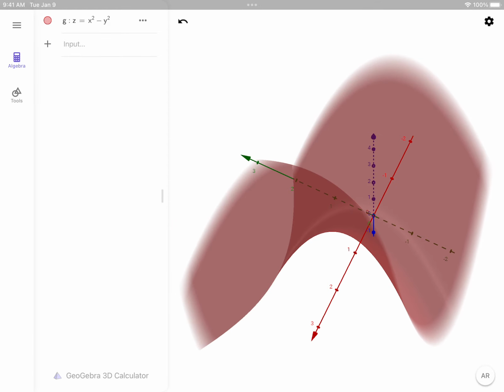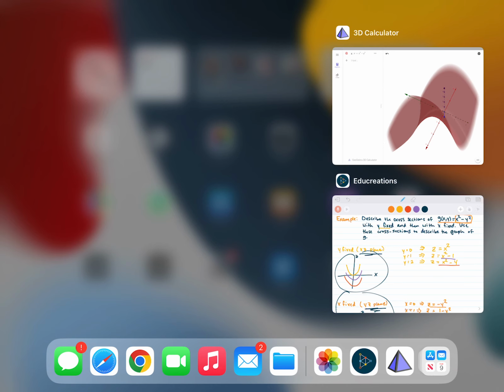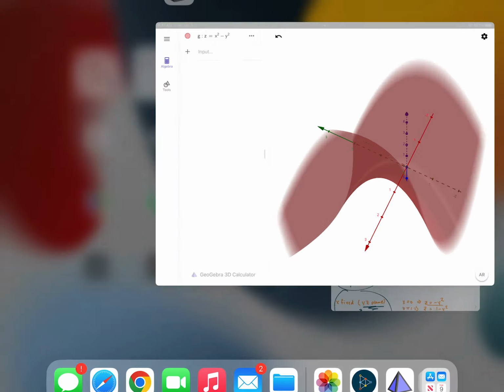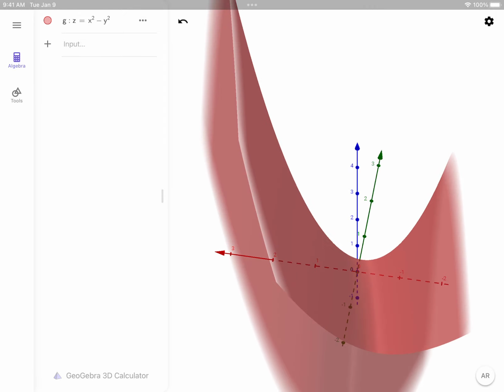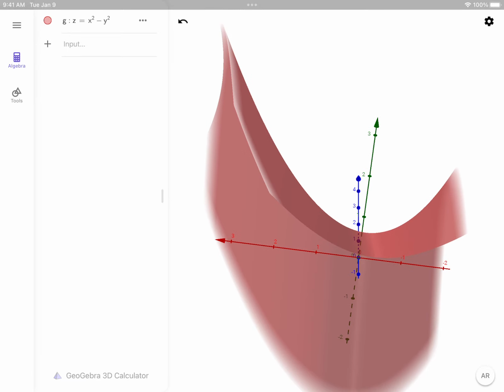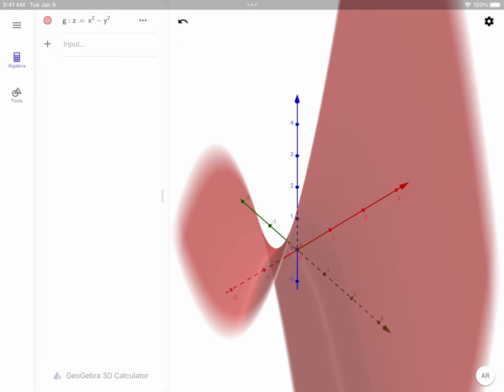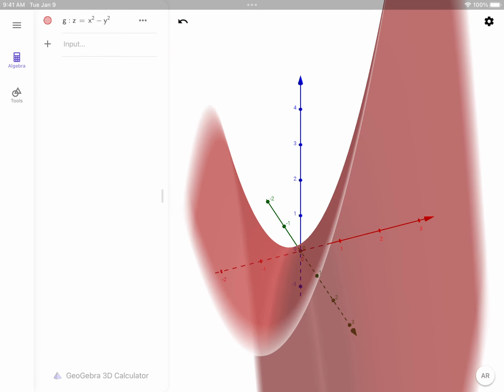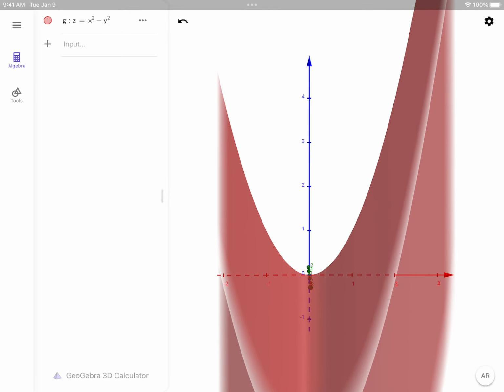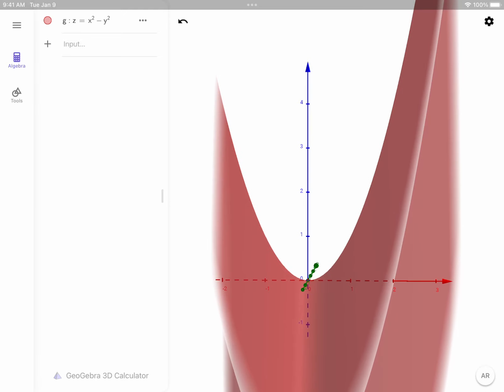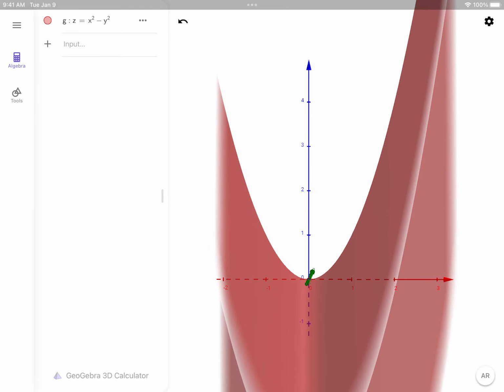Okay, so let's first look at when y was fixed, when we're looking directly at the xz plane. So the xz plane, we make x positive. So the xz plane is right here. You can see it.